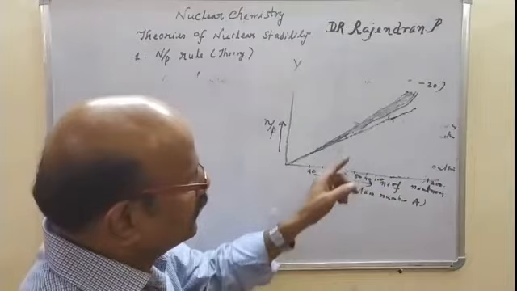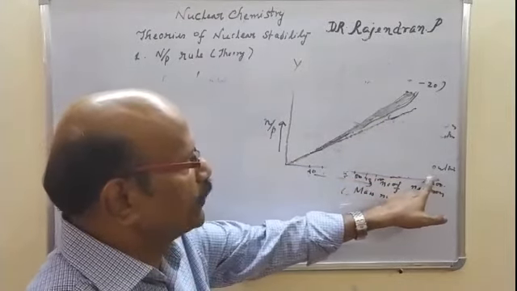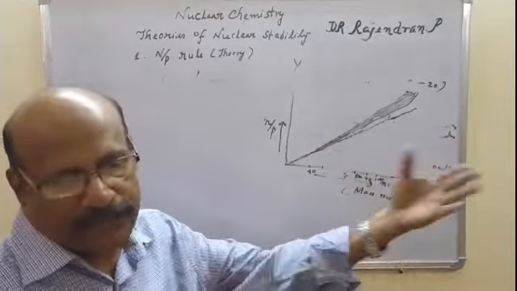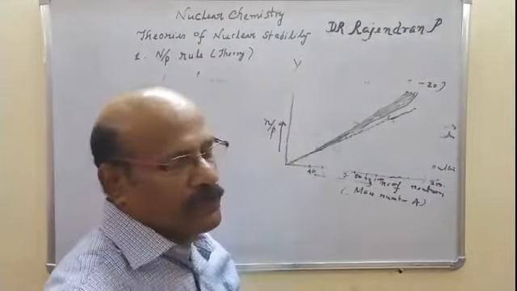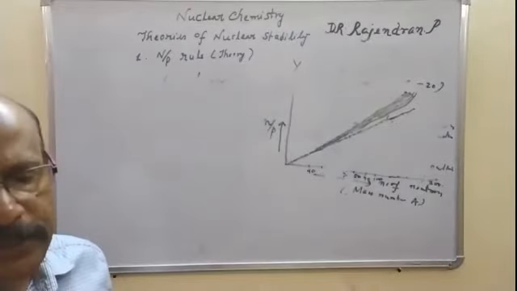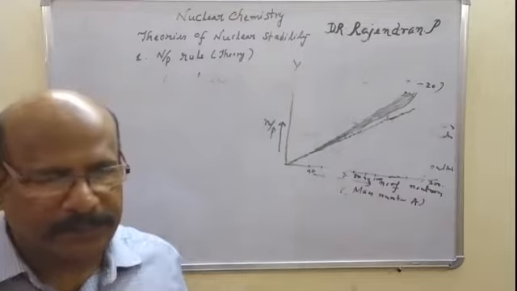The nuclei below the belt, the heavy nuclei, will undergo spontaneous alpha disintegration by reducing the proton number. The lighter nuclei are unstable if the number of neutrons is greater than the number of protons, and they will undergo beta emission.